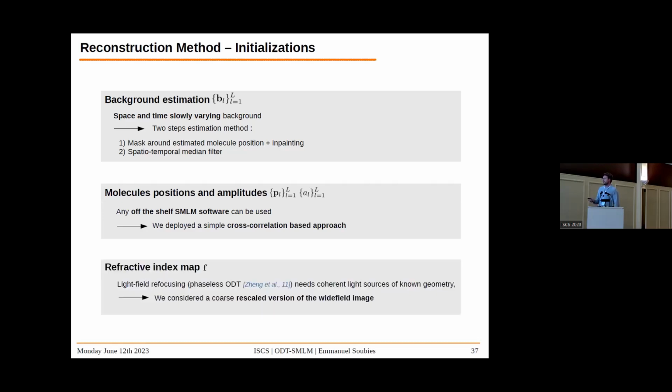Concerning the refractive index map, usually in phaseless ODT, we can, for example, use an efficient method that is light field refocusing. The problem is that it requires a coherent light source of known geometry, and we don't have this here. So we simply take the wide field image, replicate it along Z, and smooth it to have a very coarse initialization of the refractive index.